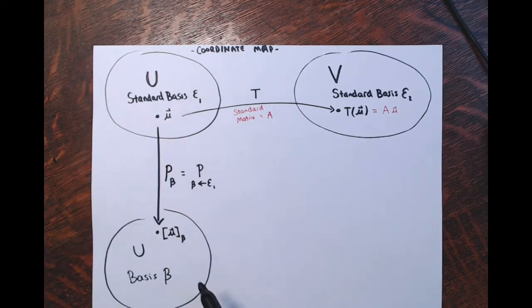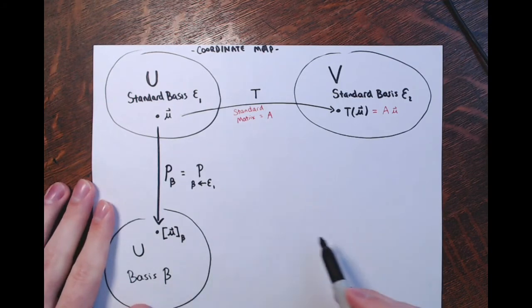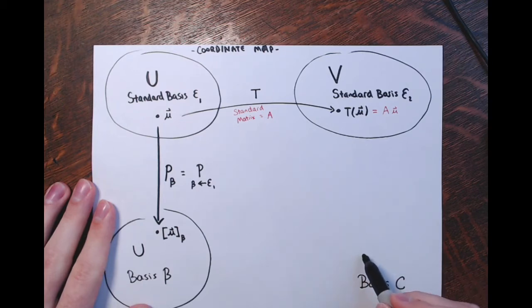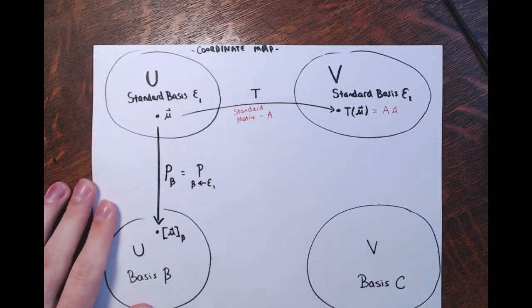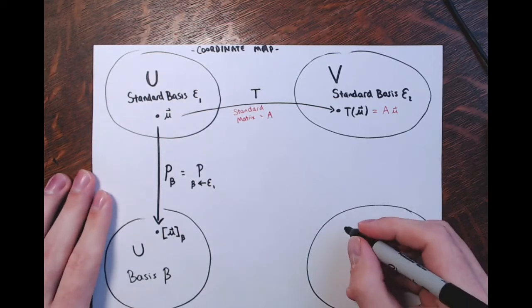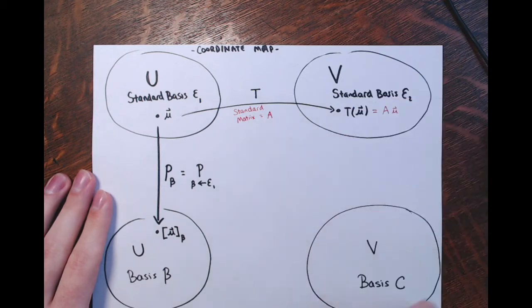And then once I'm in basis B, if I want to write the coordinates of the output in basis C, and this is vectors in V, the output, the codomain set, I could do two things. I can get there in two directions.